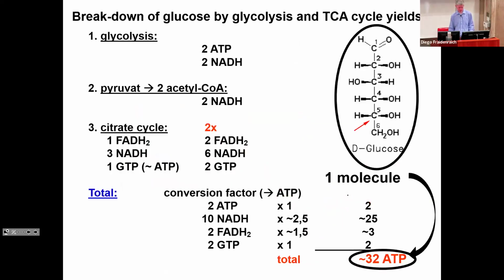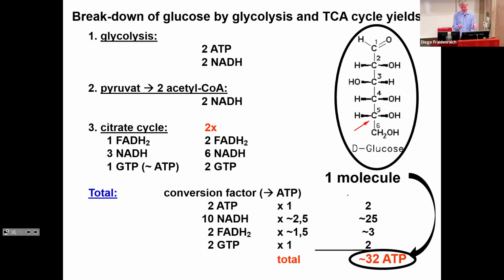Okay, so this is just an overview of what you would get in terms of ATP derived from one molecule of glucose. And so you have, for example, glycolysis, where you would have two ATP generated. So you remember there were phosphorylation steps.